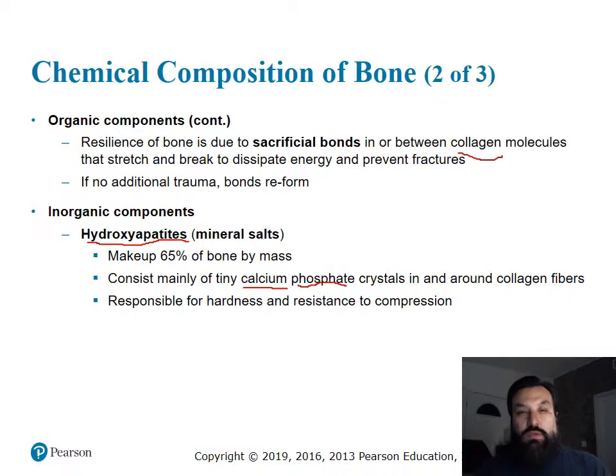Those two minerals put together in a chemical bond we call hydroxyapatites. These are the mineral salts that make up bone and make bone a hard substance, right? They are in and around collagen, and that's actually what makes up most of the hardness and the resistance to compression features of bone. That's what we see there.